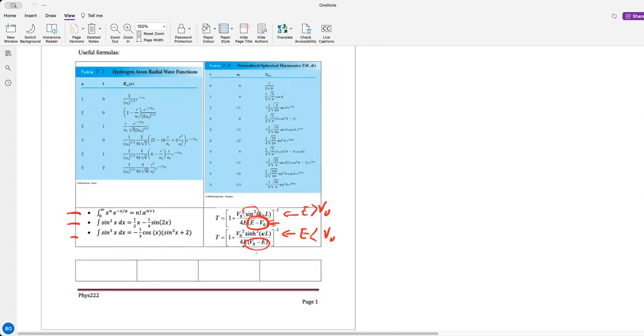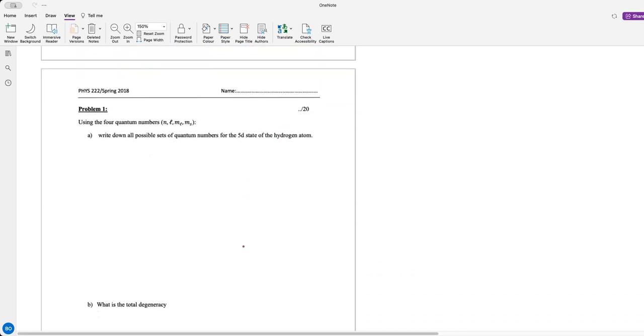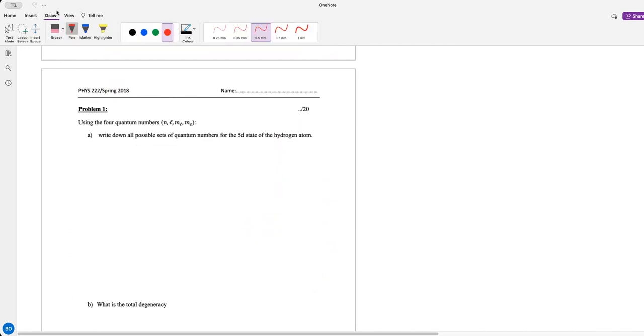So let's go to using the 4 quantum numbers. Write down all possible sets of quantum numbers for the 5D state of the hydrogen atom. Now, remember 5D.